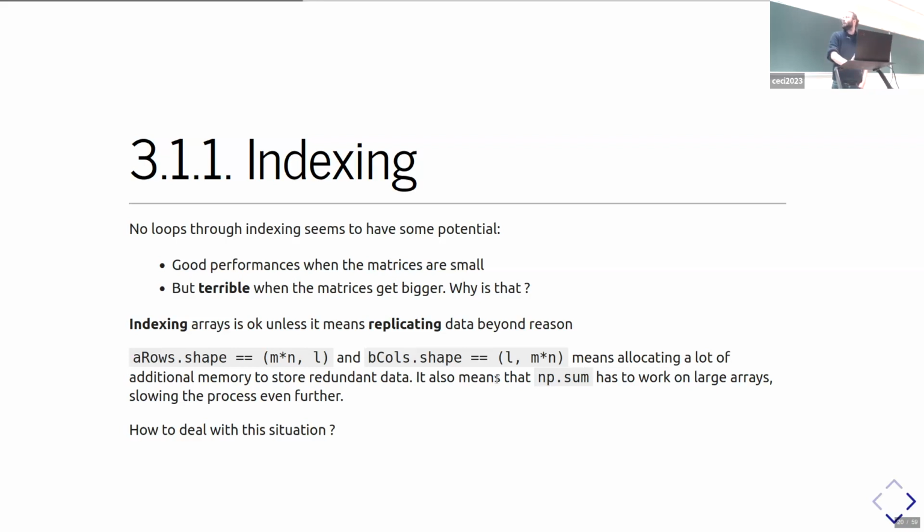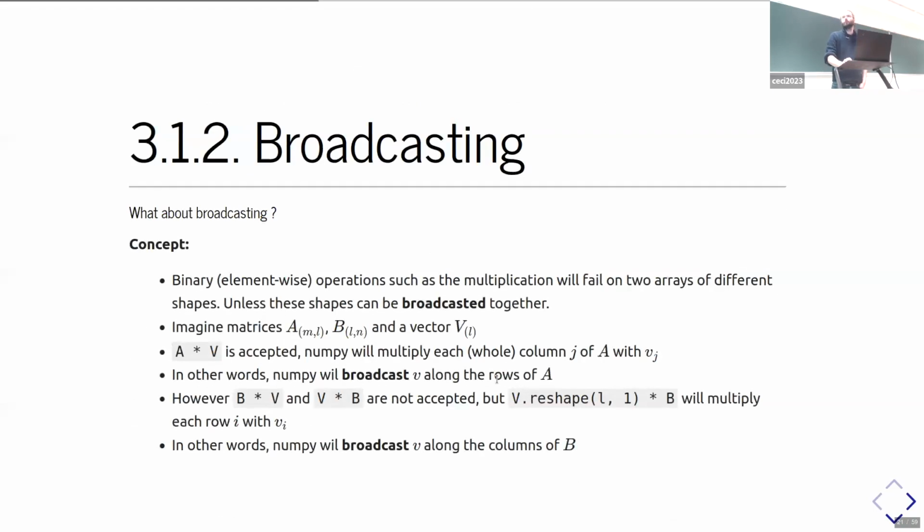So how do I deal with this situation? One way of not removing it, but reducing the effect, is broadcasting. It's another method that you should use in this situation. I won't go through all of it, but the base concept is that binary operations, like the multiplication, element-wise operations, will fail if the two arrays are of different shapes.